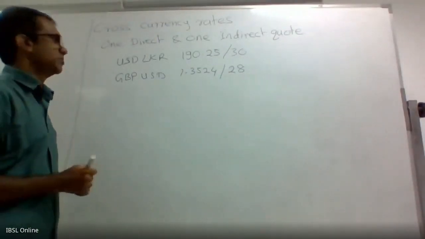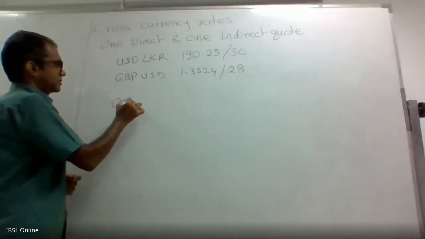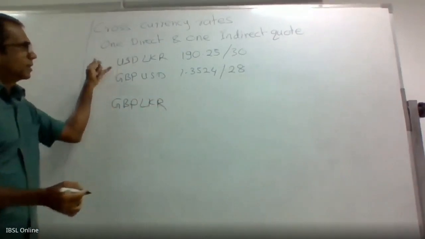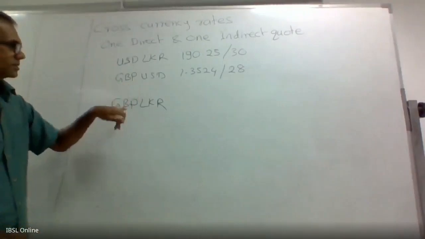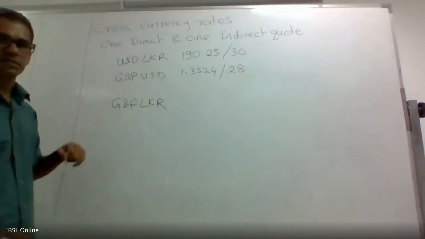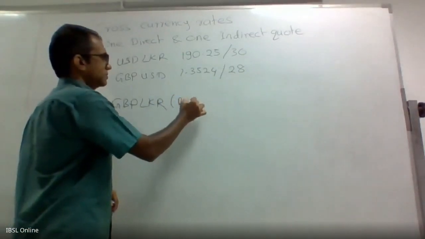This is very simple. The cross rate is GBP LKR. Out of LKR and GBP, GBP is the stronger currency, so GBP is the base currency. LKR is the counter currency. GBP LKR. How to get the bid value?